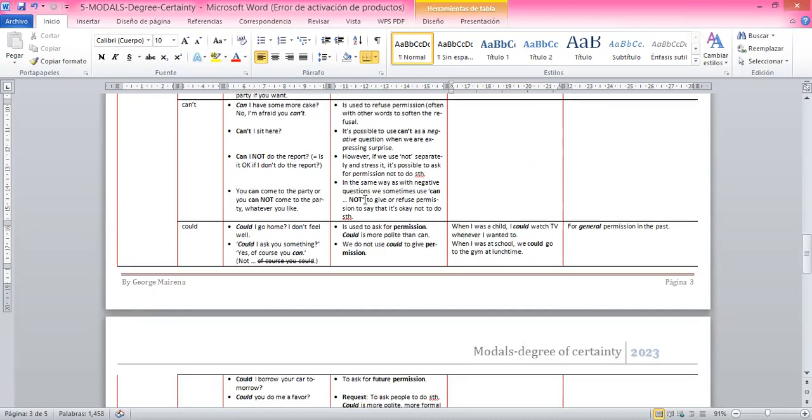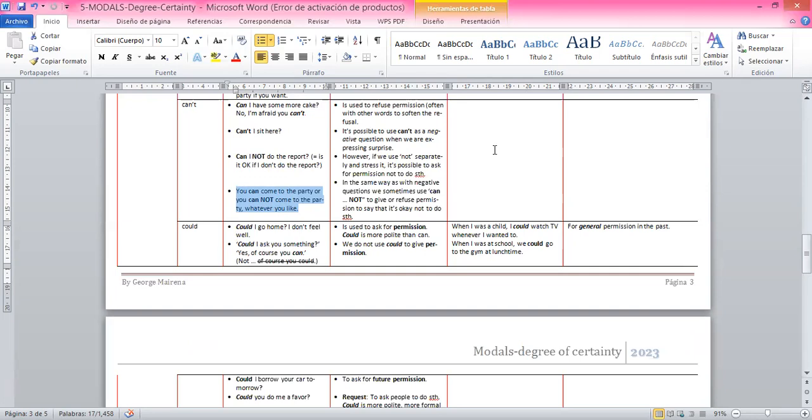Let's see another. Can you read this, please? You can come to the party or you cannot come to the party, whatever you like. Okay, good. What does it mean? What is the context?